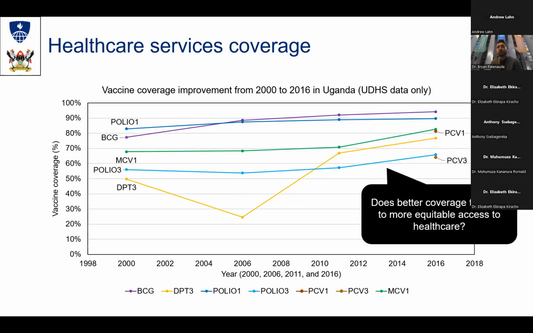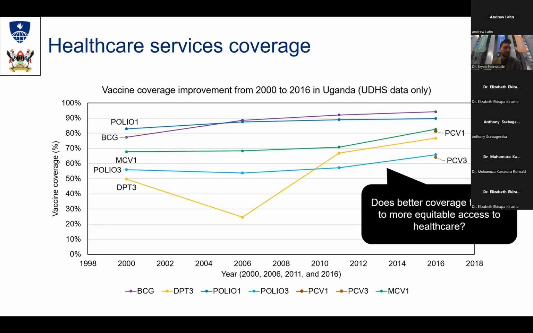You see a general growth in coverage of immunization services, but the real question with this is, was this coverage equitable? Who exactly were we reaching when we advanced coverage from, for example, BCG around 80% to over 95%? Were those the most vulnerable of the remaining people that were reached, or were those people reached the low-hanging fruits, the easiest ones to get to?